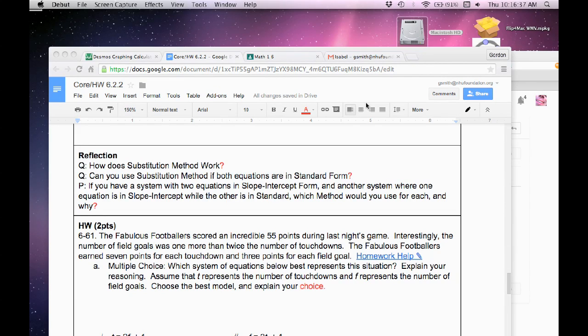All right, last but not least, we're going to look at our reflection. It says, how does substitution method work? It only works when you can get a variable alone in one of the two equations.